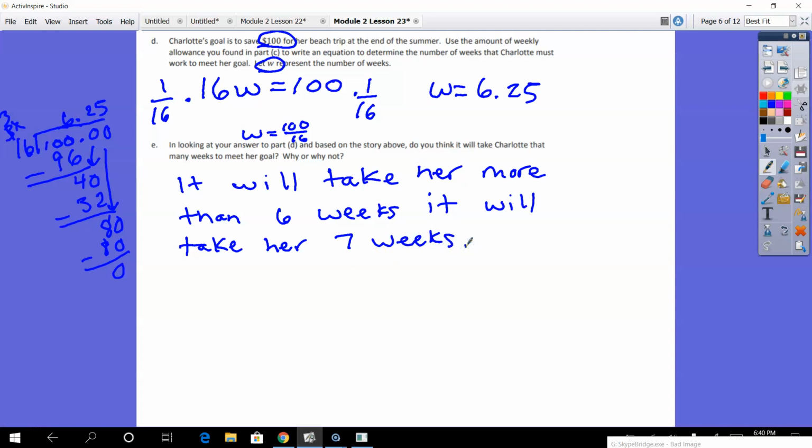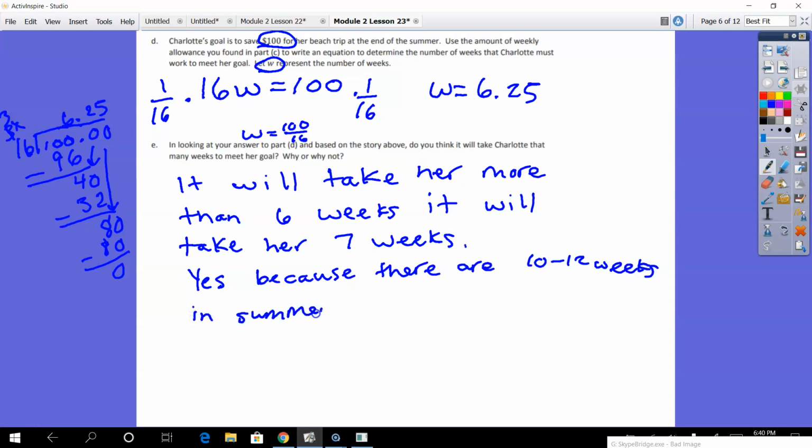And then it wanted to know would it meet her goal? And so we're going to say yes, because there are 10 to 12 weeks in summer. So I think that she's at the beginning of the summer and that she'll be able to make that goal if she does not spend any money.